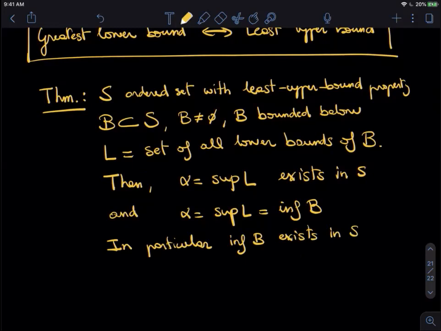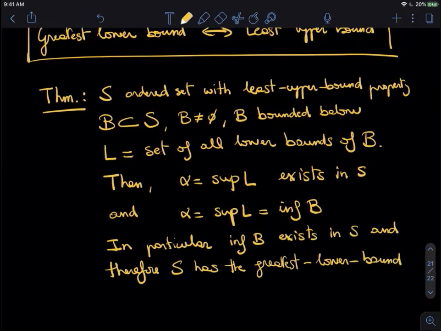And therefore S has the greatest lower bound property.